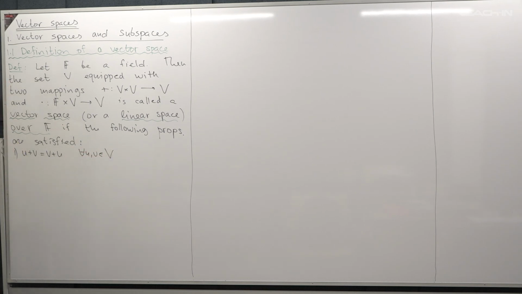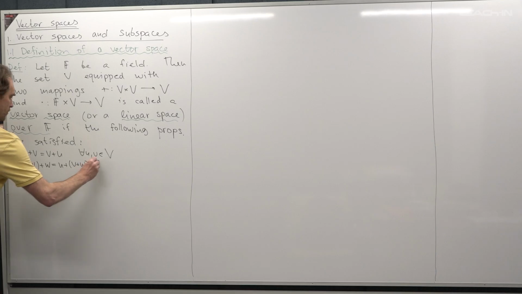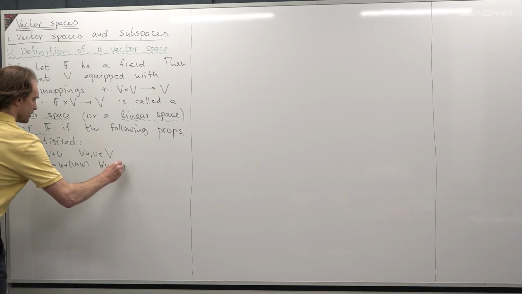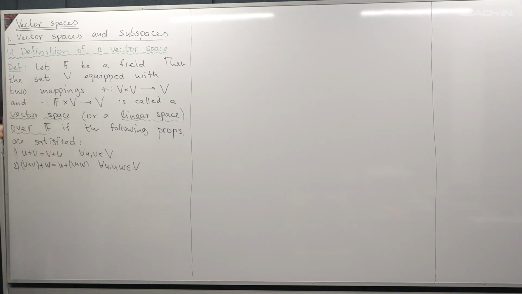We have already seen a property of this kind in the definition of a group. The second property is associativity, so this means that (u plus v) plus w equals u plus (v plus w) for all u, v, and w from V.